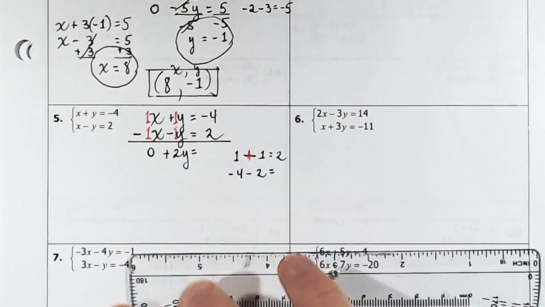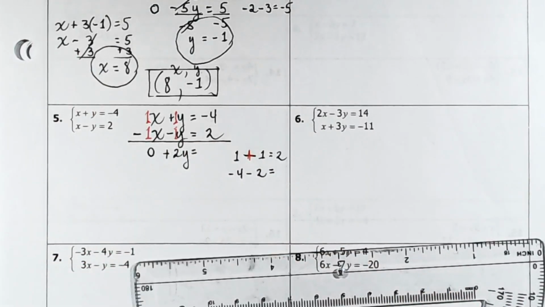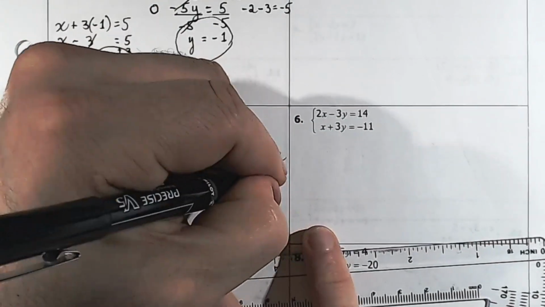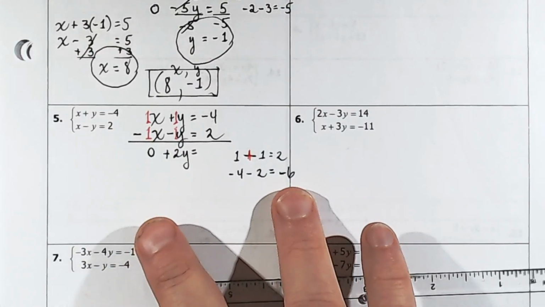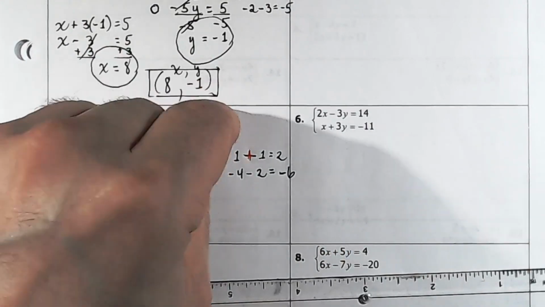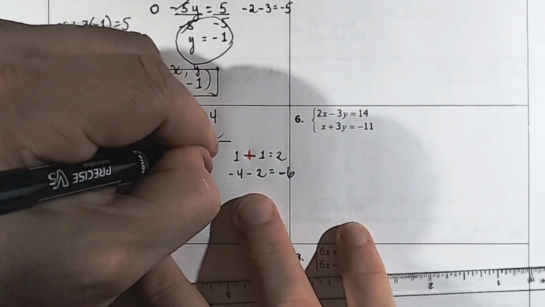What does that equal? Well, we're taking 2 away from negative 4, so it's going to become more negative. Negative 4 minus 2 is negative 6. We'll put the negative 6 right here.